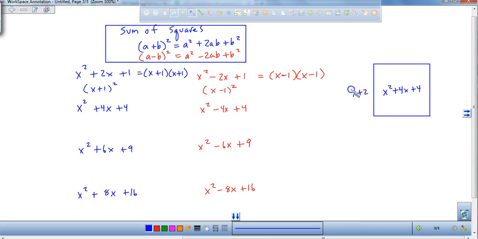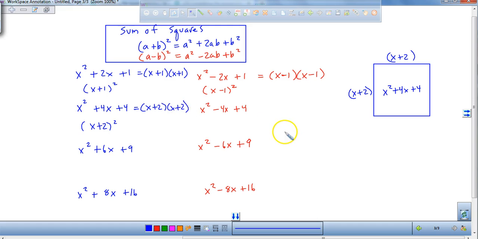That would be x plus 2 times x plus 2. So this becomes x plus 2 squared, known as x plus 2 times x plus 2.